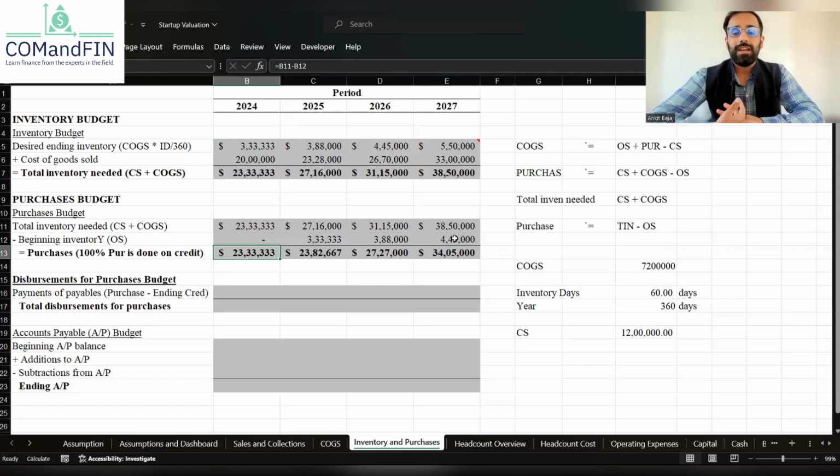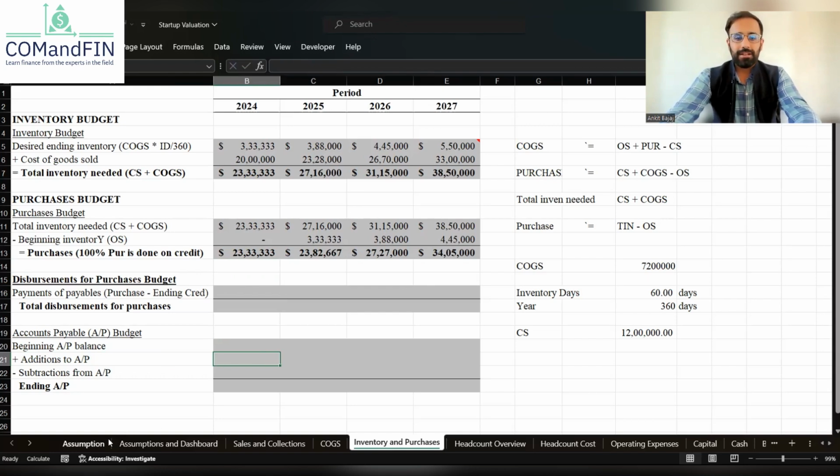Now we have to find out the creditor balance, and also the disbursement balance, that is, how much amount we will pay for the purchase. So here we have to find out the payment of payables. But before I calculate the payment of payables, first we need to find out the creditor balance.